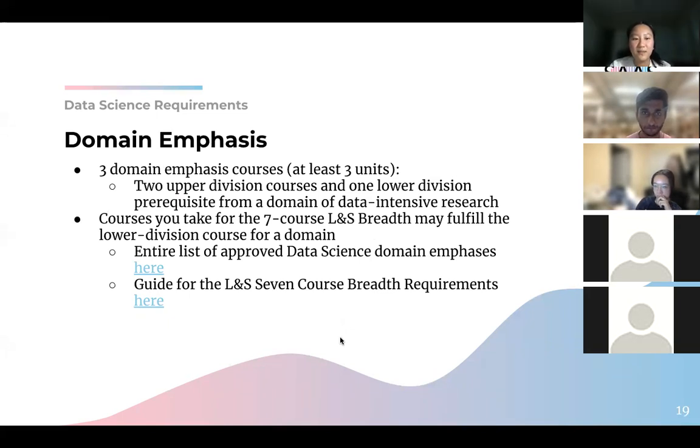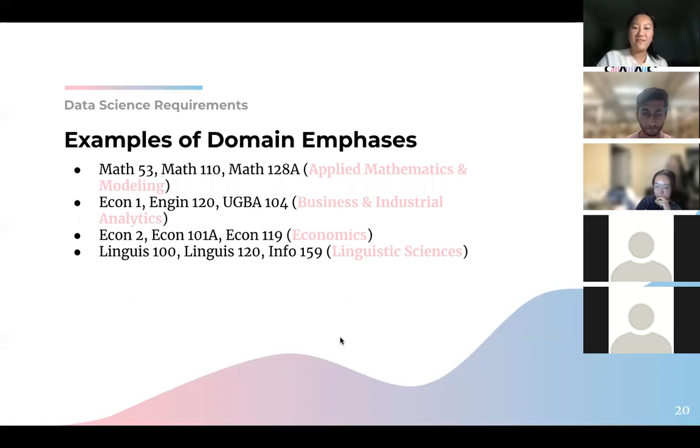Okay. So some examples of domain emphases include, if you want to do applied math and modeling, Math 53, Math 110, and Math 128A. If you're doing business and industrial analytics, you could take Econ 1, Engineering 120, and UGBA 104. If you're doing economics, you could do Econ 2, Econ 101A, and Econ 119.